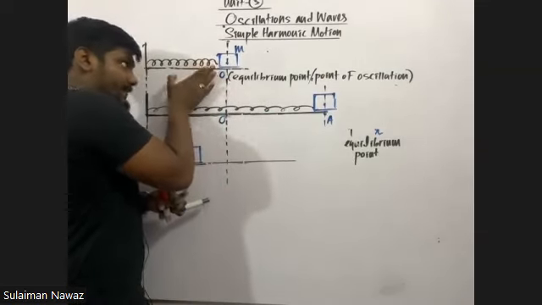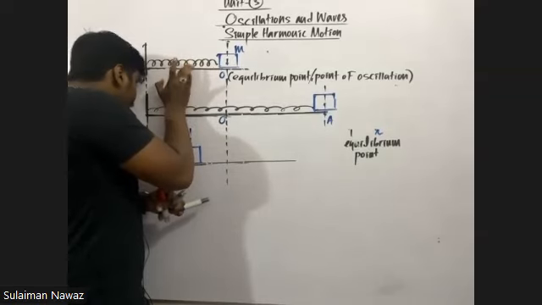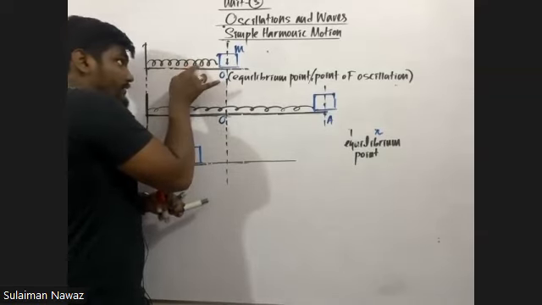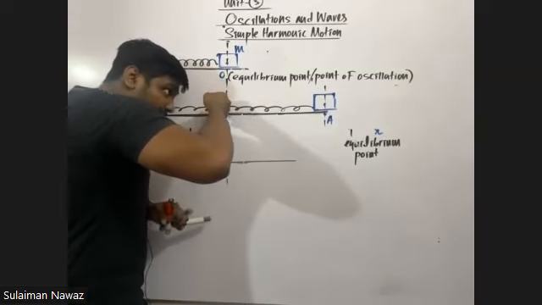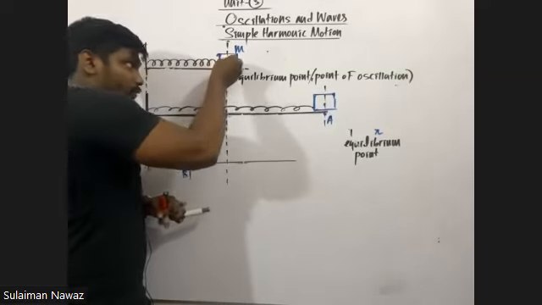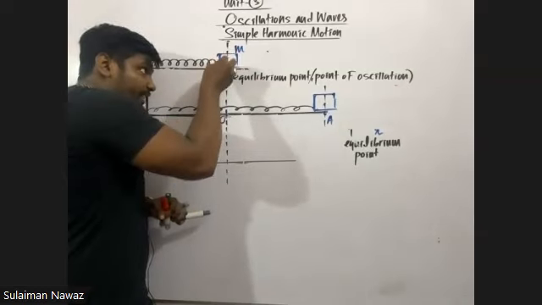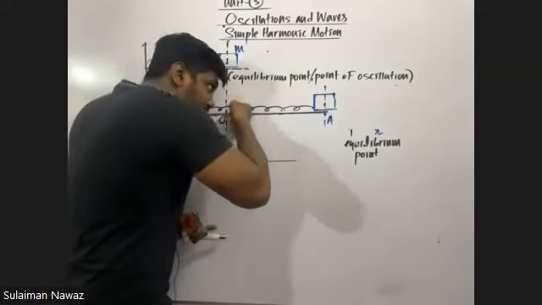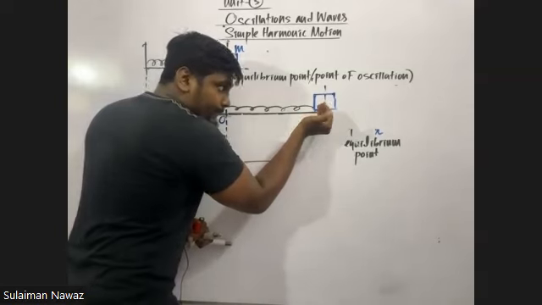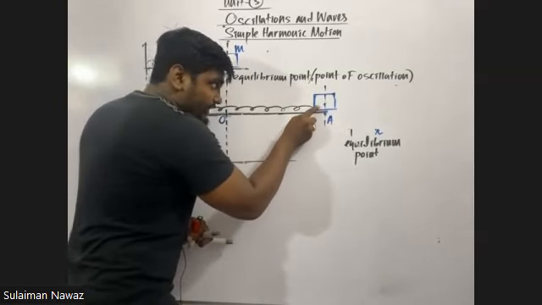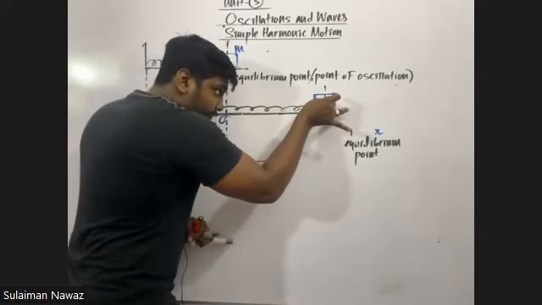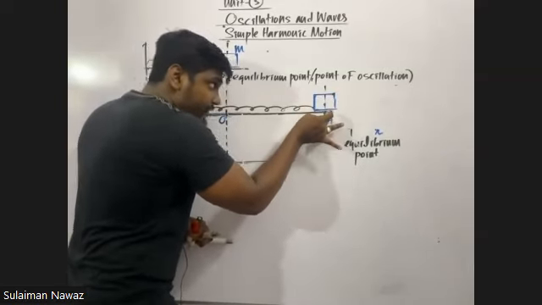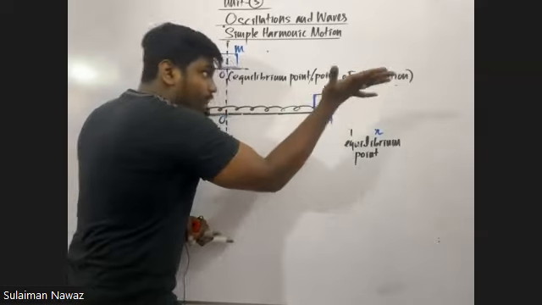I explained that in this figure, the spring is at its natural length. Next, I am stretching the spring by providing a force on this object, up to this position. When this object reaches point capital A, I release this object from rest.